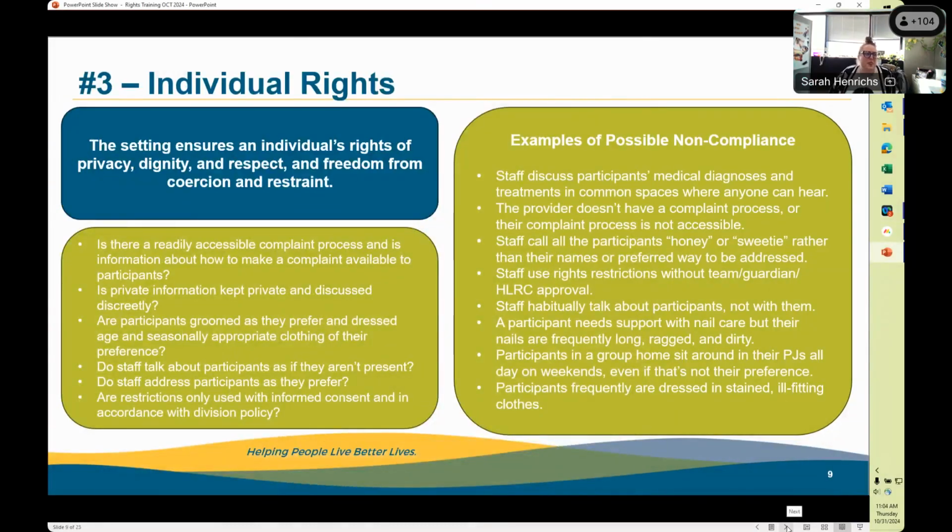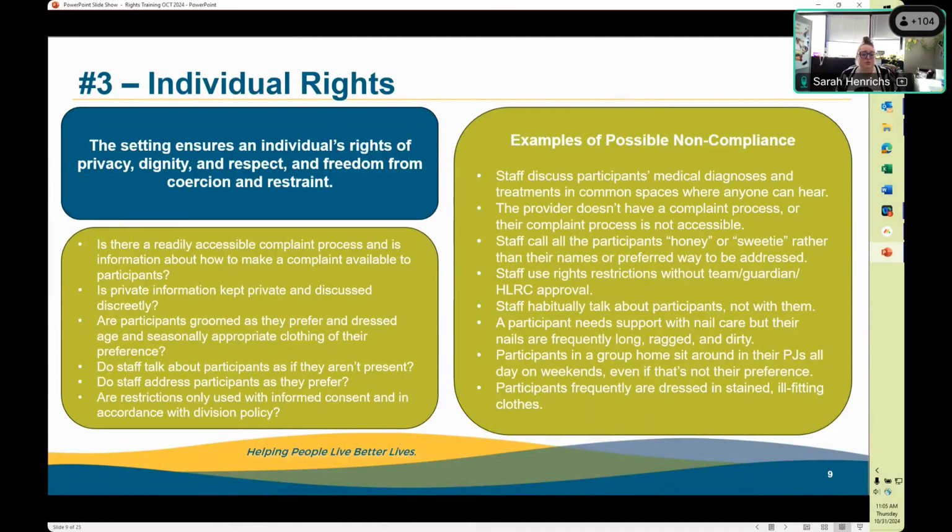Number 3, the setting ensures the individual's rights of privacy, dignity and respect, and freedom from coercion and restraint. Some of the probing or exploratory questions here: Is there a readily accessible complaint process, and is information about how to make a complaint available to participants? Is private information kept private and discussed discreetly?